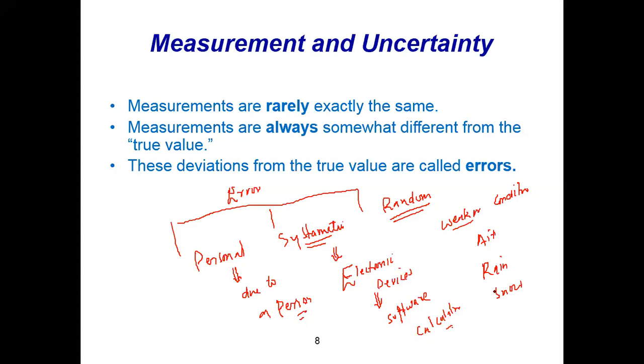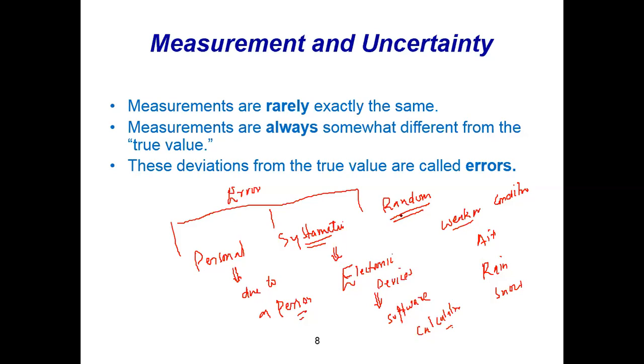Very hot summer, winter season, wind. These types of errors are random errors, due to weather conditions and natural phenomena.